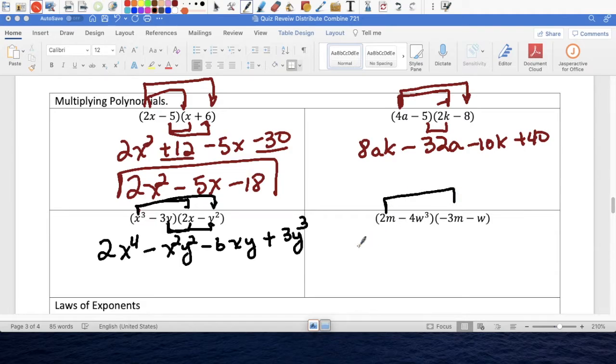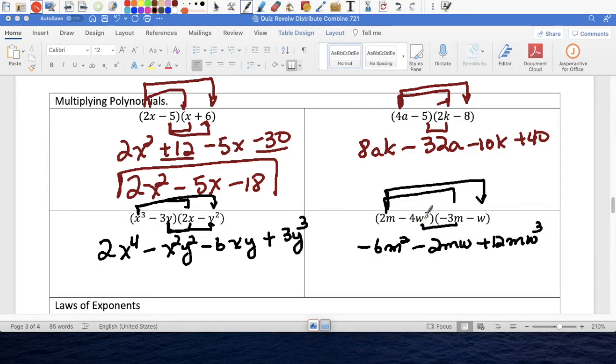2m and negative 3m is negative 6m to the 2nd power. 2m and that w in the corner is going to be positive times a negative, negative 2mw. And then second term, second factor here, negative 4 and negative 3 is positive 12m, and I'm just putting it alphabetically, w cubed.